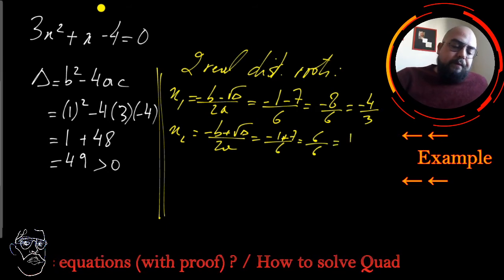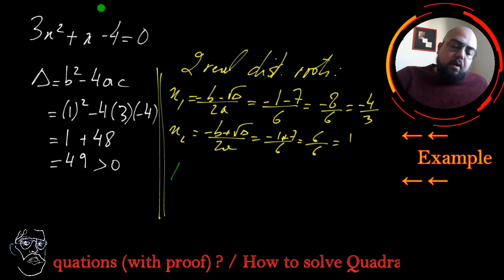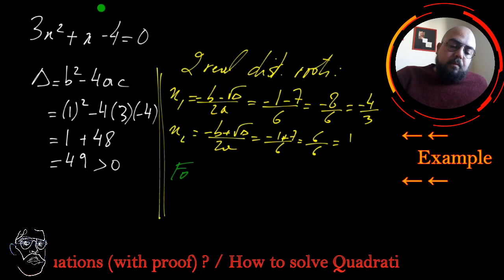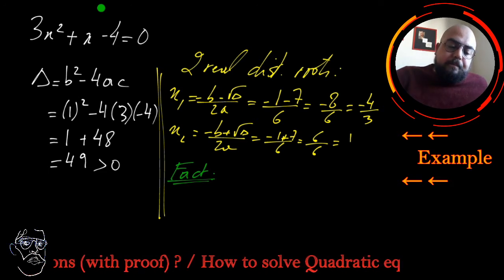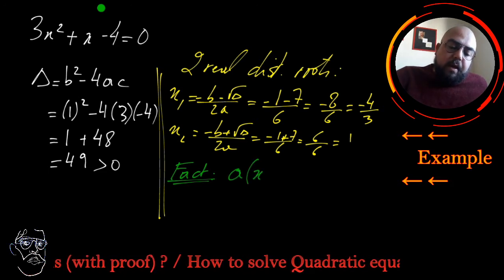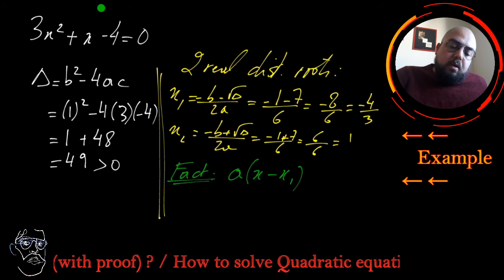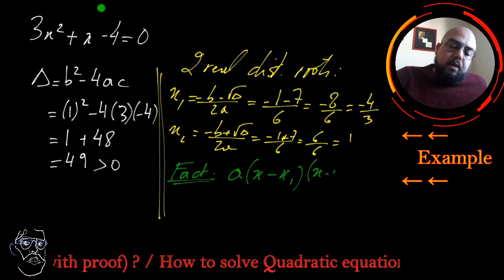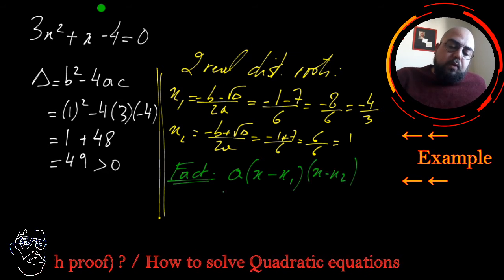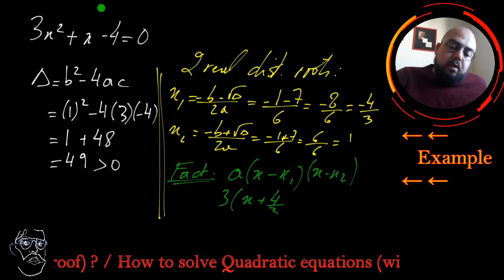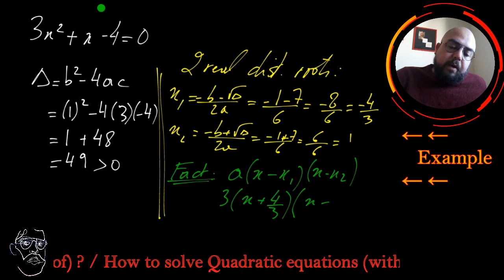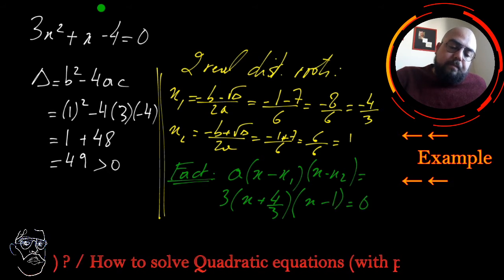How do I find the factorized form? Very simple. In order to write down the factorized form, you should say it's a times (x minus x1) times (x minus x2). So it will be 3 times (x plus 4 over 3) times (x minus 1), which is equal to 0.